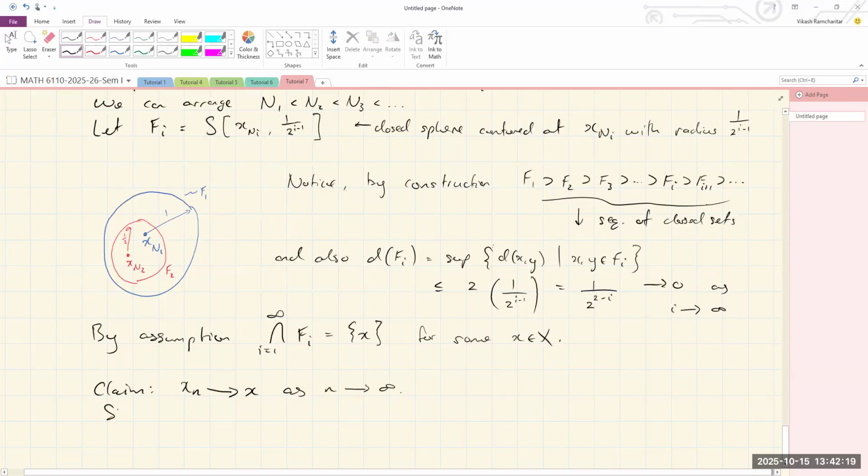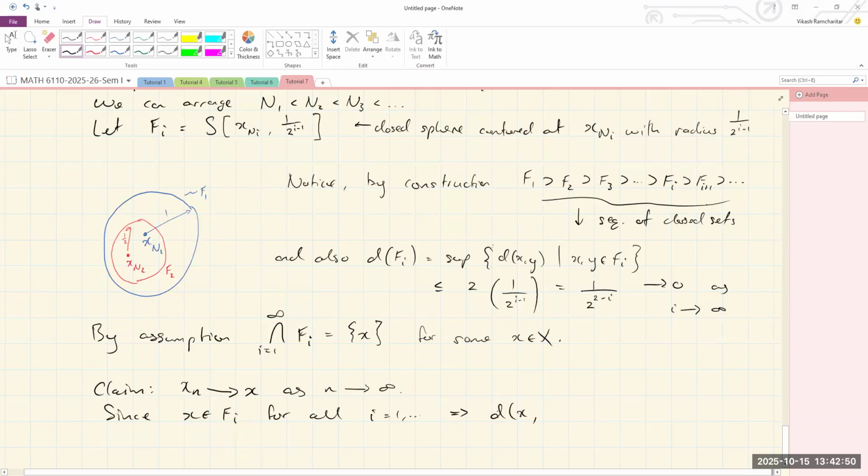So this x is in all of the F_i's, right? So since x is in F_i for all i, this means that the distance between x and the center x_{n_i}, remember what the F_i is, it's a closed sphere, so x is in all of these closed spheres.